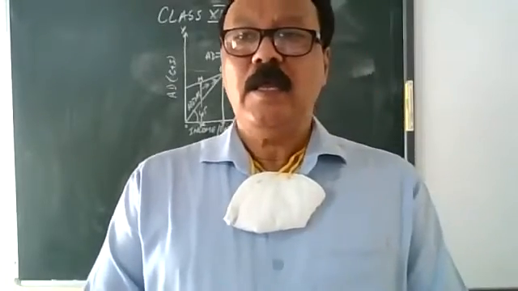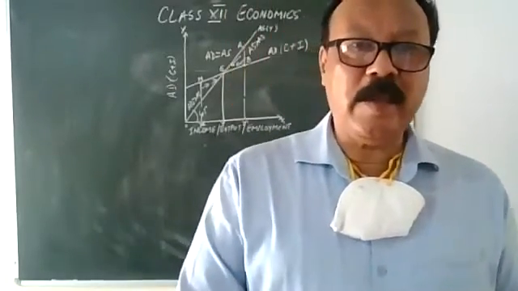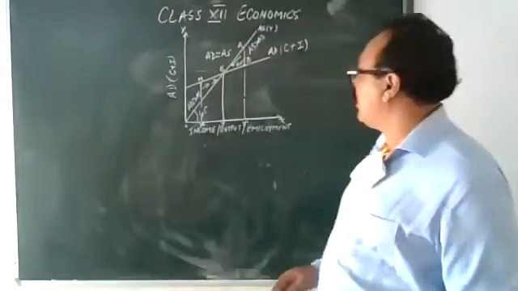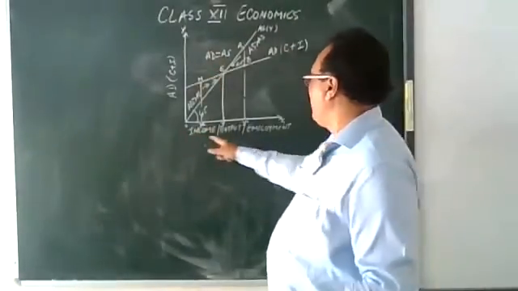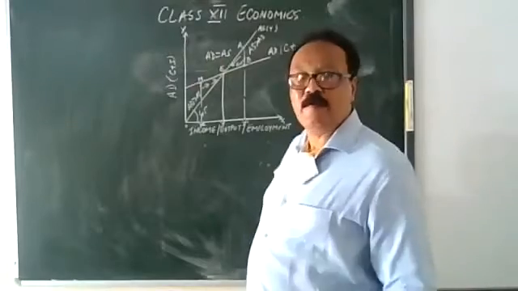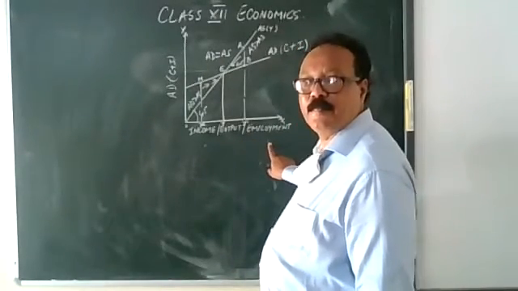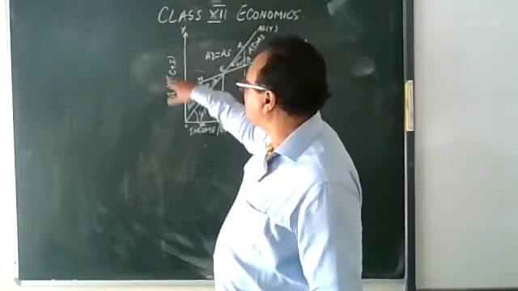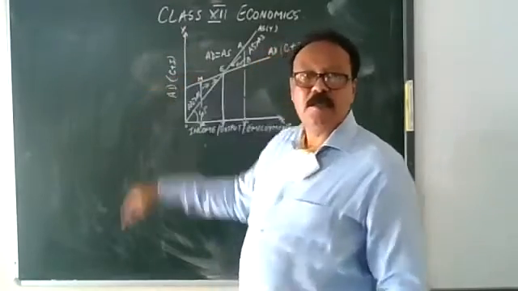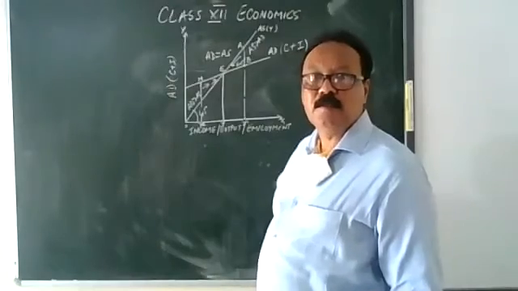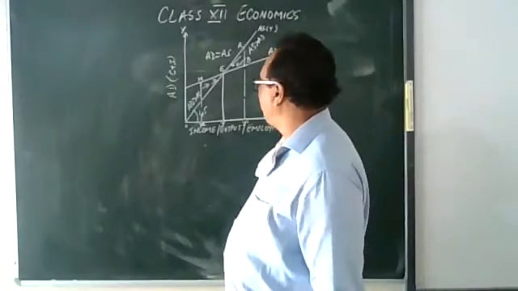What was the adjustment mechanism being used? If you see the diagram over here, on the x-axis we have our income, output and employment. On the y-axis we have AD, which is the sum of C plus I, that is consumption plus investment.